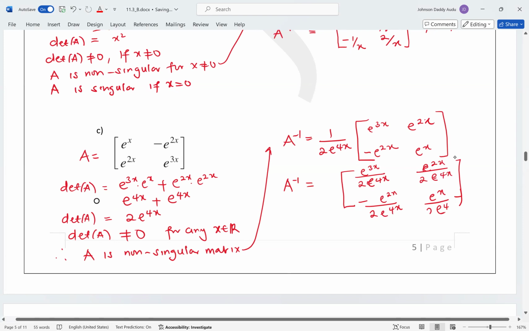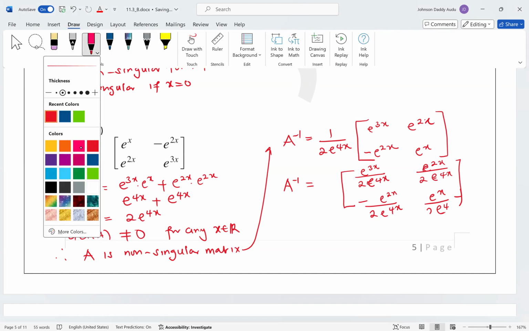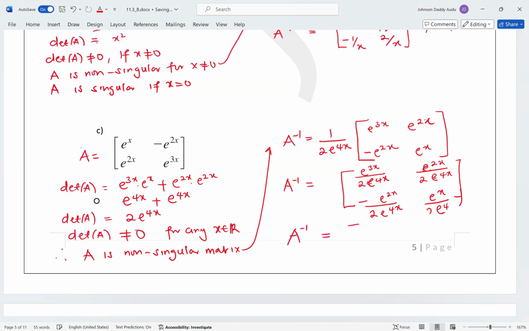So we can leave this as our inverse, or we can simplify. And this will be 1 over 2 e to the power, this is going to be minus x, right?